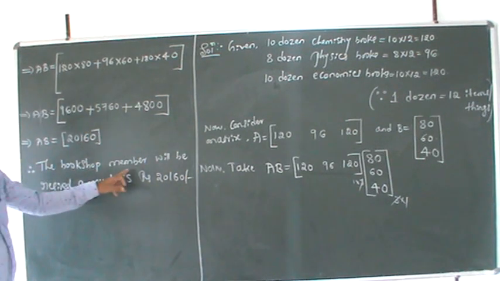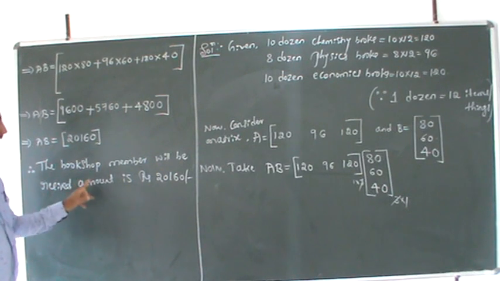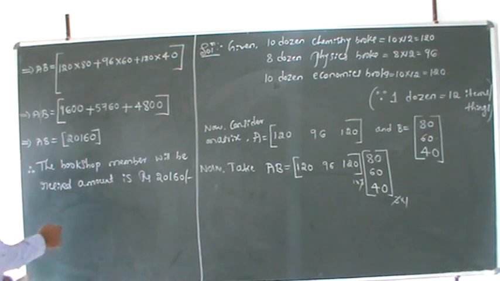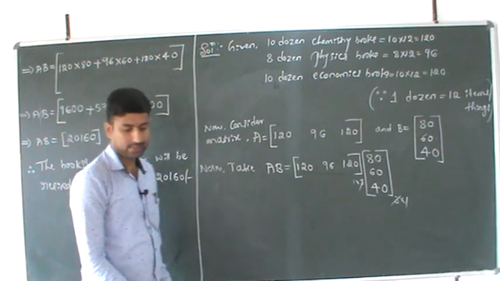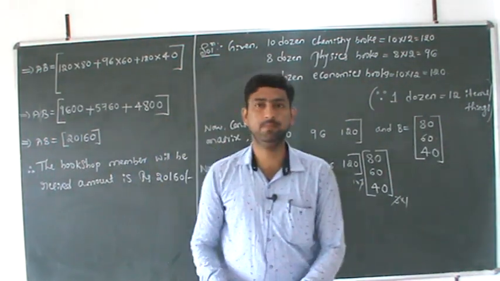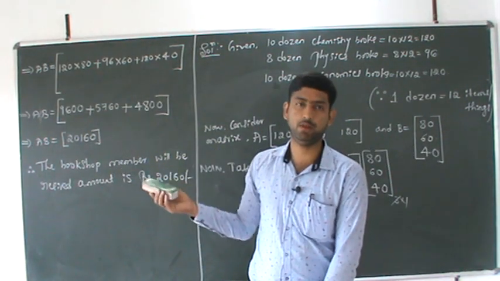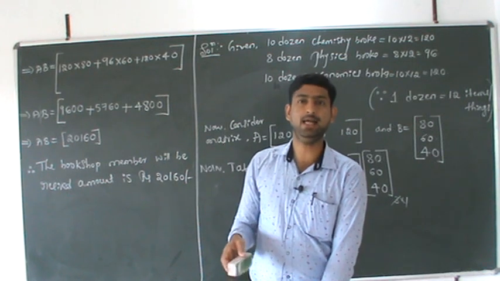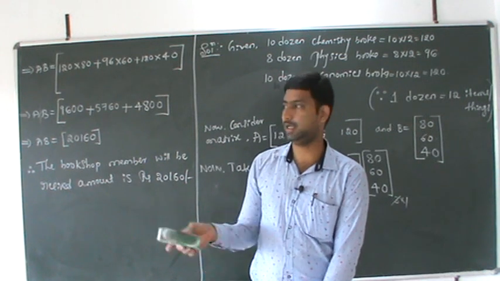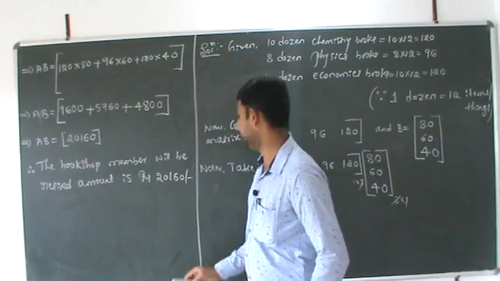Correct? The bookshop member will receive an amount of rupees 20,160. This is the problem we have taken up, converting a real problem into matrix algebra. Once you apply the matrix algebra, you get the result.